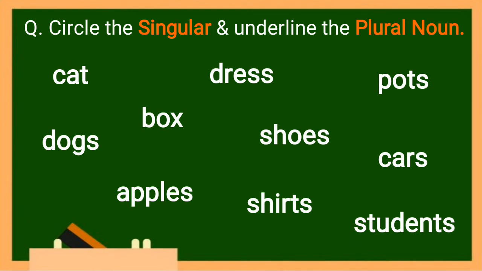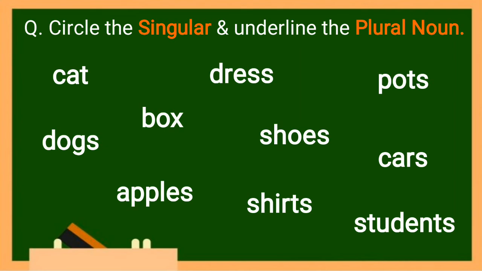First one, let us see the first one. Cat. So, cat is only singular. Dress. Dress is also singular. So, what you have to do for singular nouns? You have to put a circle. So, you will circle cat, dress and you will search other singular nouns also.